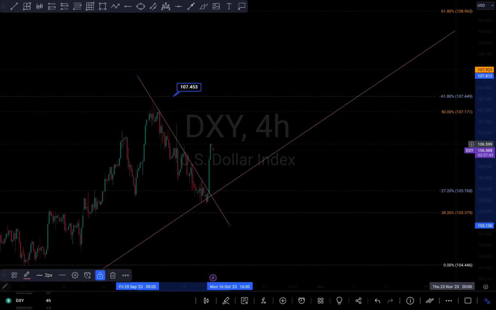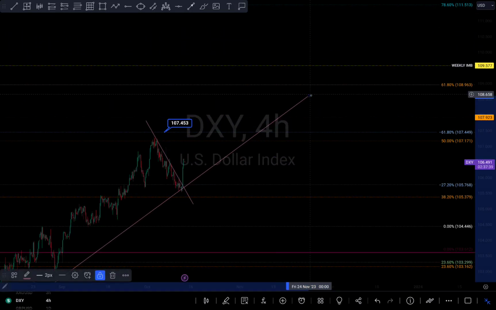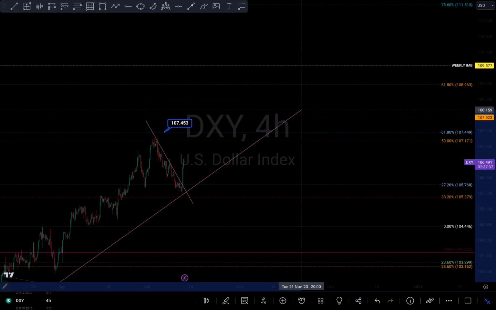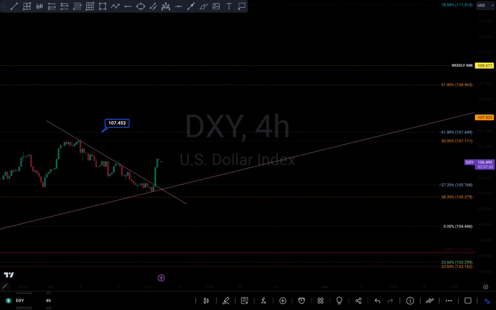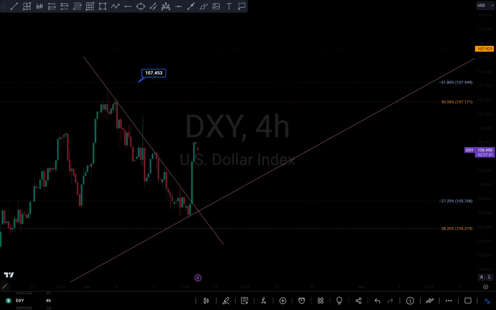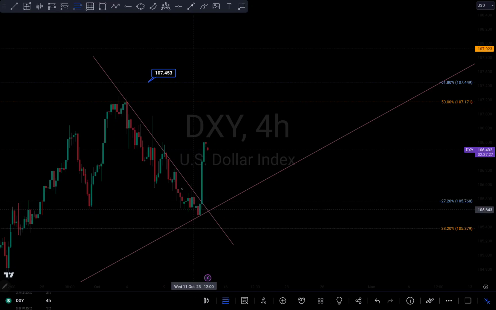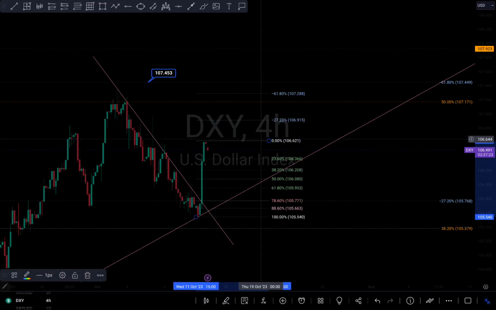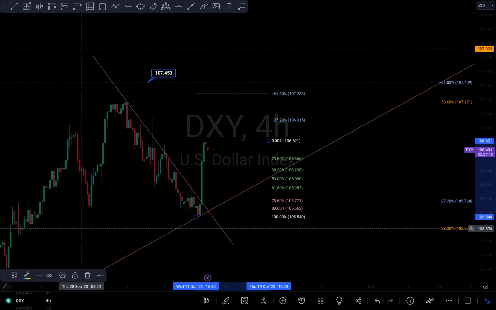So now based on what we are looking at right now, let's adjust this one here. I'm expecting a bit of a reversal. There's a possibility that we might reverse a little bit, so I'm going to introduce my fib from point A to point B. I'm going to extend it to first gold.